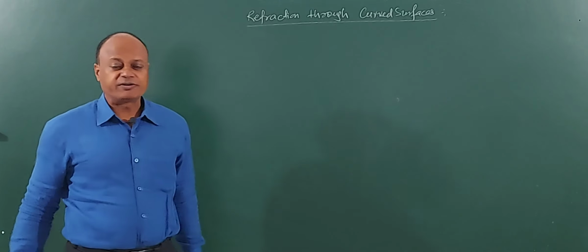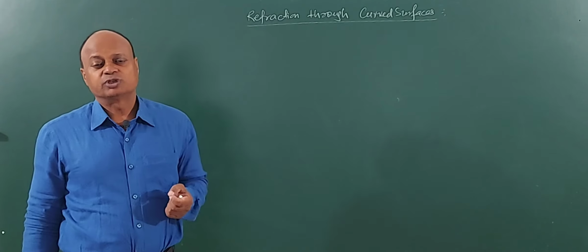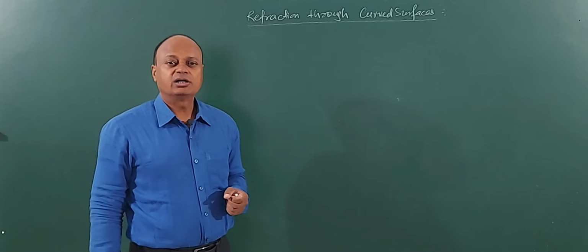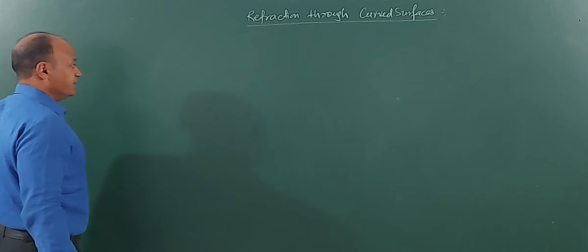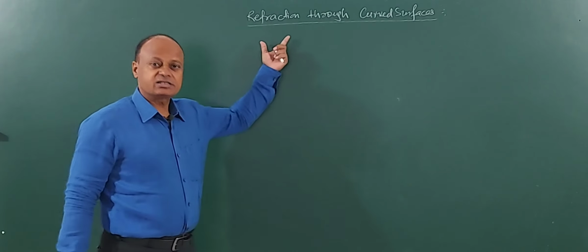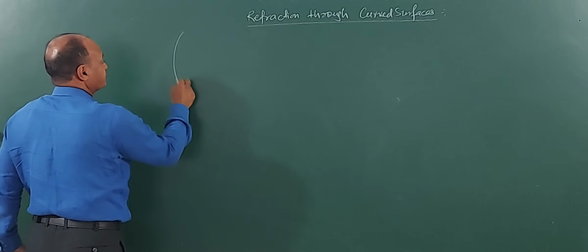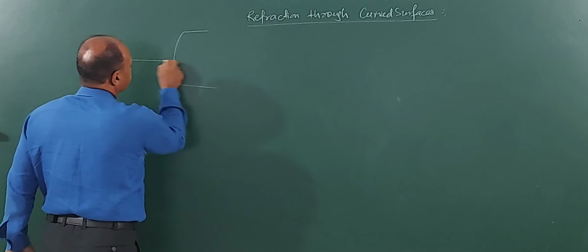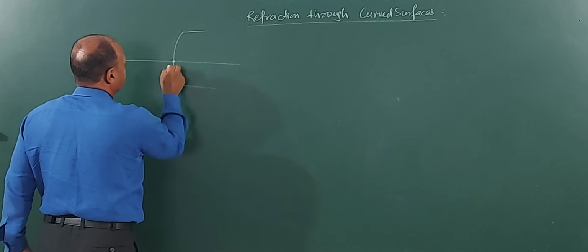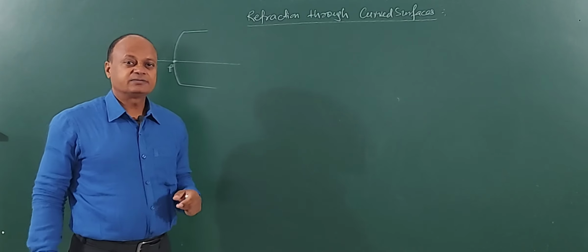Now children, we are going to see refraction through curved surfaces, and a curved surface can either be a convex curved surface or a concave curved surface, right? Before I start with this, I want you to understand that this will be a convex surface. This will be the pole P, and you have done the sign convention.